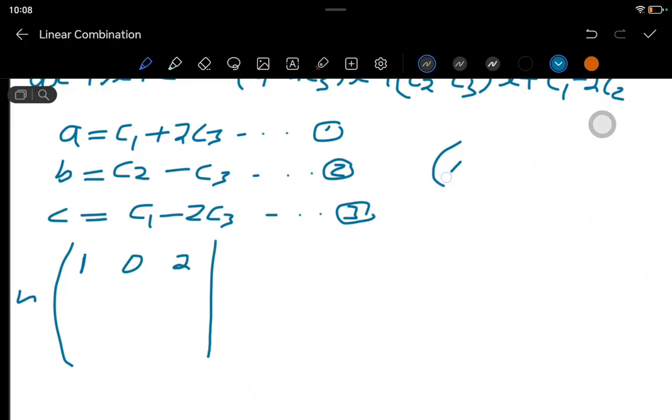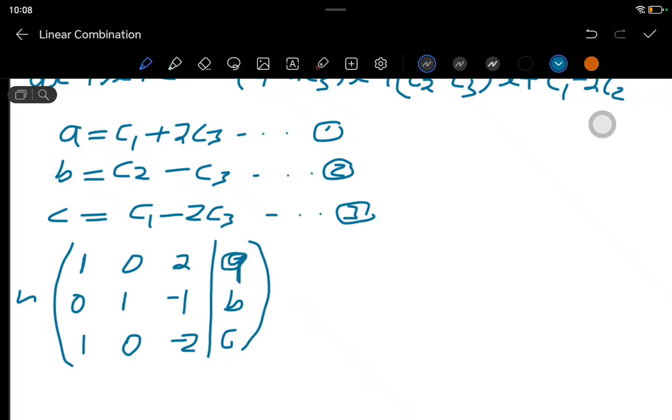Remember, this form is in the form of A, B, right? Given that this is going to generate our A, this is going to generate our B. So you must keep that in mind. So second equation, this is 0, we don't have c1. We have 1, we have minus 1. We have 1, we don't have c2, that is 0, we have minus 2. This is a, b, c.